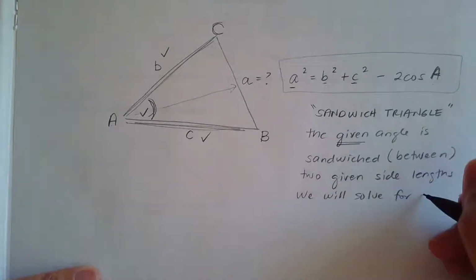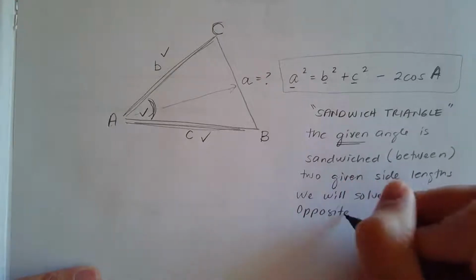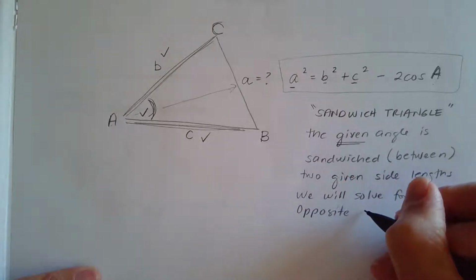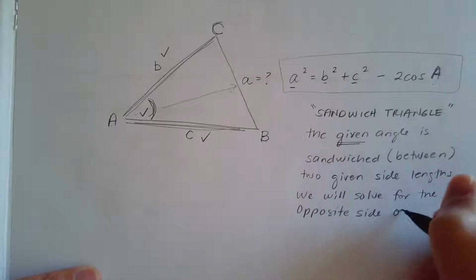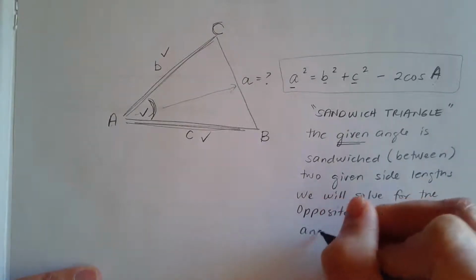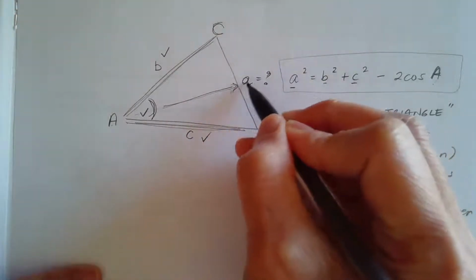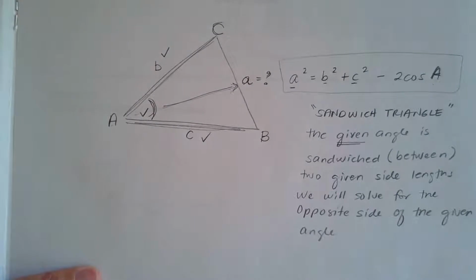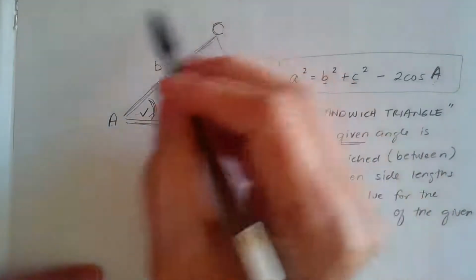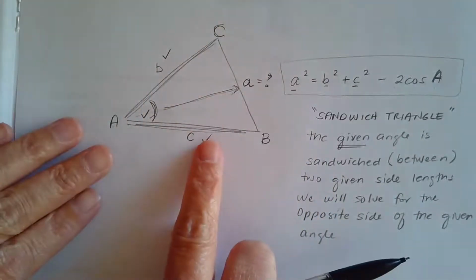We will solve for the opposite side of the given angle. This is going to be the one that's missing. So we have this formula, and this is what the picture would look like.